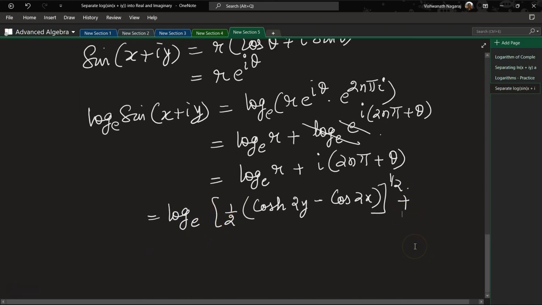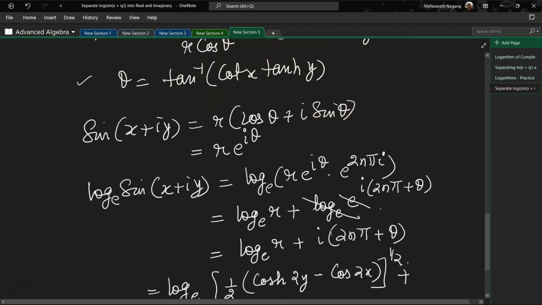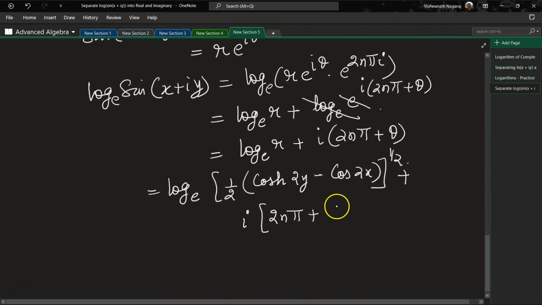I have i times 2n pi plus theta. Theta is tan inverse of cot of x times tanh of y.